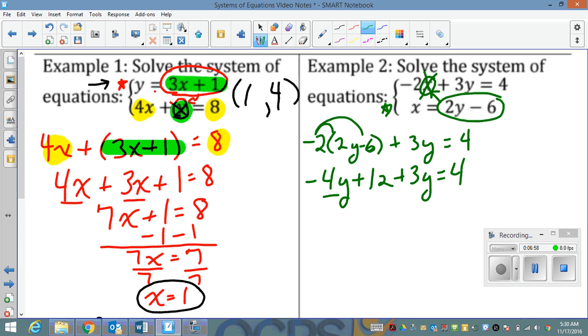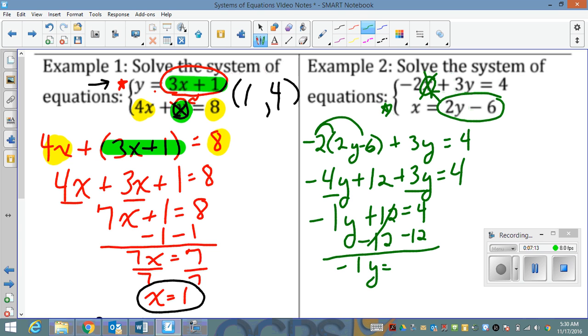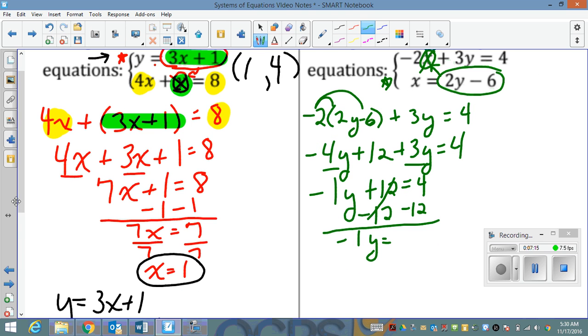I'm going to combine my like terms because they're on the same side. Subtracting 12. Here signs are different, so I subtract and keep the sign of the larger.